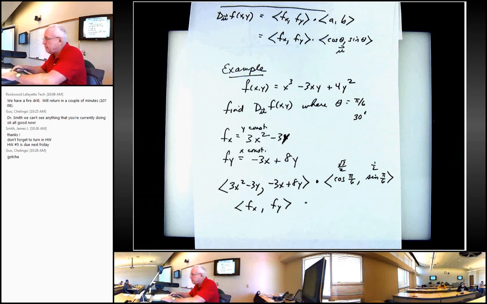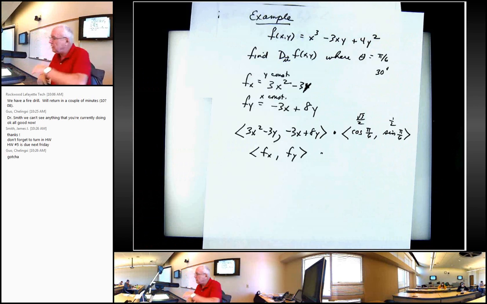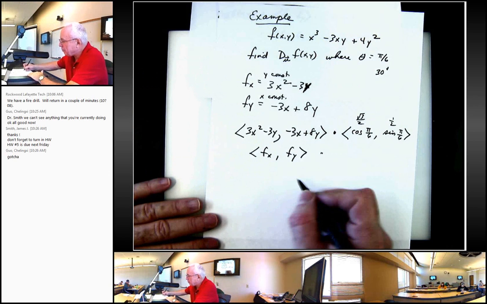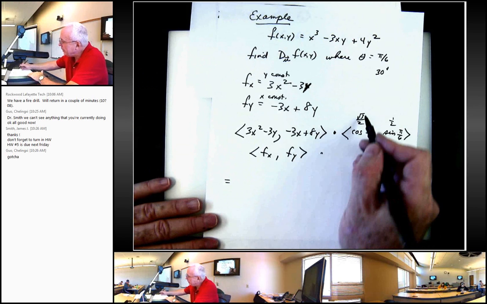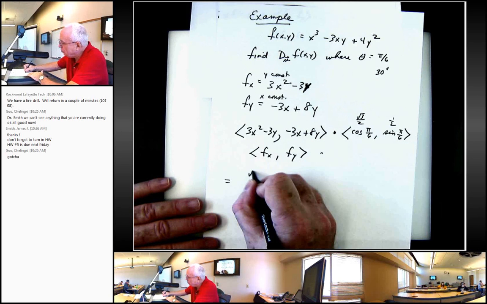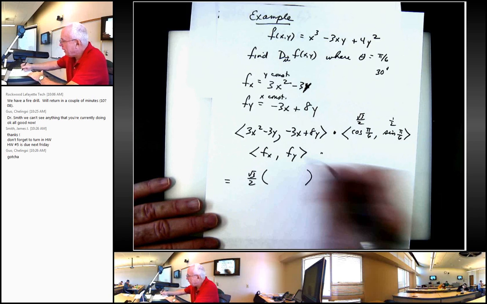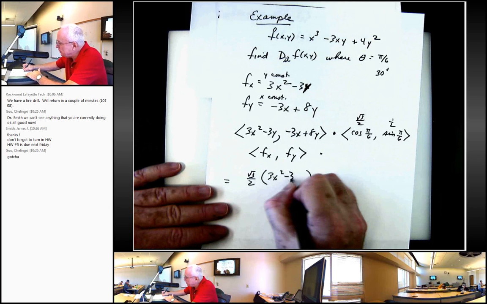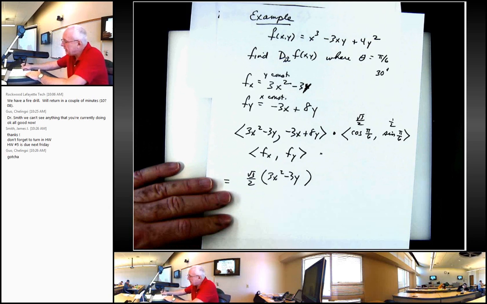What I want to do is one more step with this. I just want to show the dot product. So I'm going to take the square root of 3 over 2 and multiply it by the first expression here, 3x squared minus 3y. And then I have a plus.